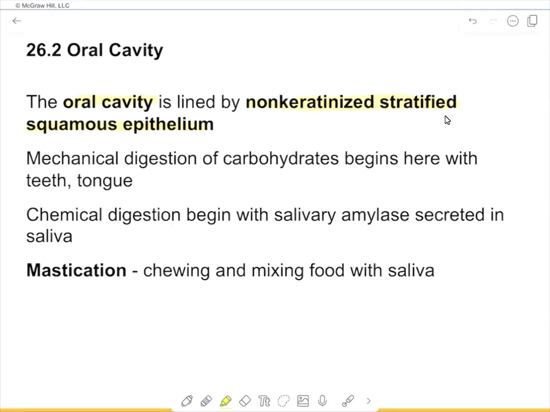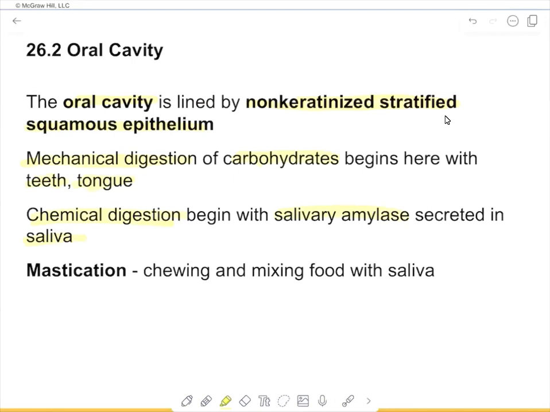Mechanical digestion begins here of specifically carbohydrates with the teeth as well as the tongue. Chemical digestion begins here with salivary amylase, which is in saliva. So really the first of the foodstuffs is broken down in the oral cavity.